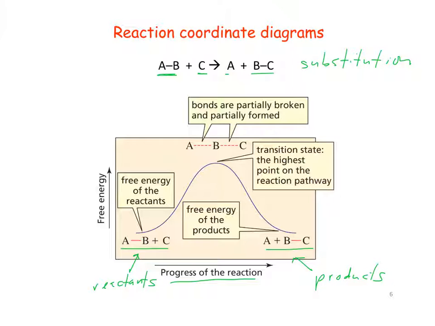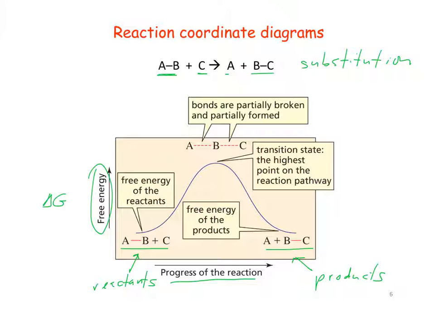Okay, so that's the x-axis. The y-axis is typically free energy. Remember, the free energy is called, the Gibbs free energy is delta G. And so as things are low on the y-axis, they're very stable. And as they move up, they get less stable.